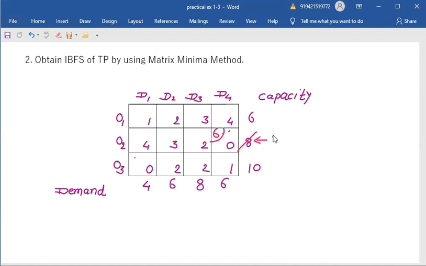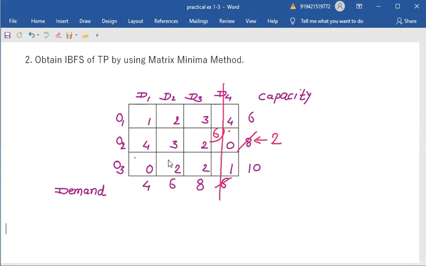So 2 units are still available at the second factory and the demand of the fourth warehouse is satisfied. So we delete this column because the requirement at the fourth warehouse is satisfied.